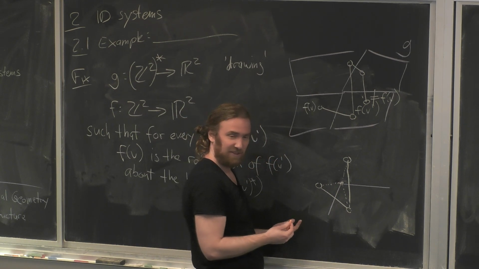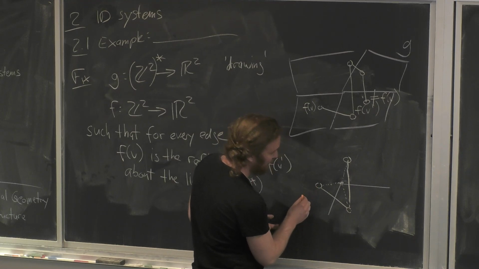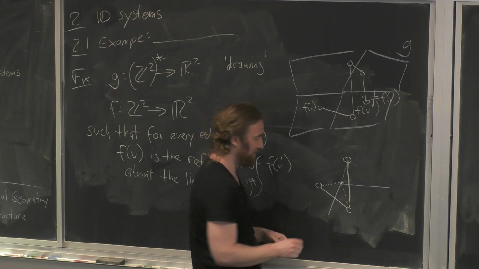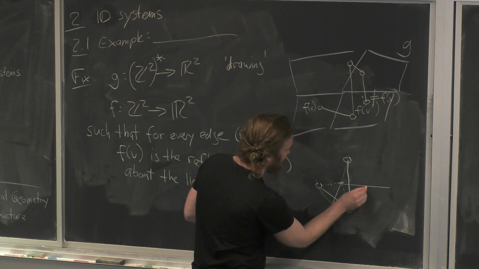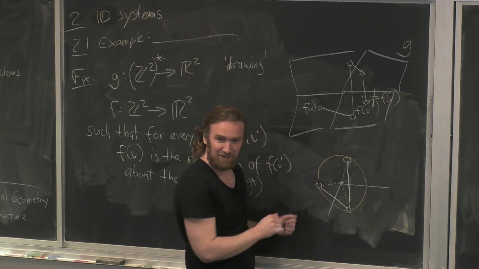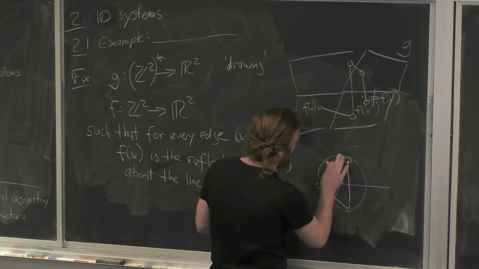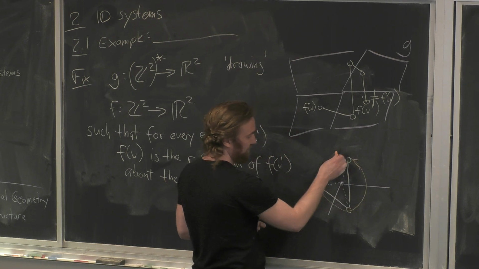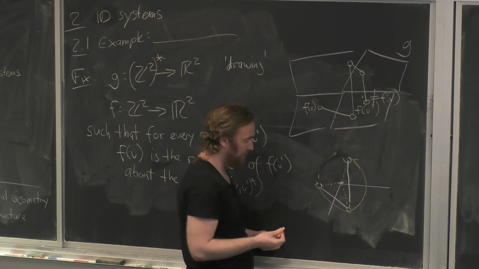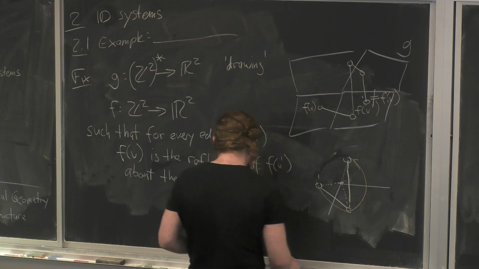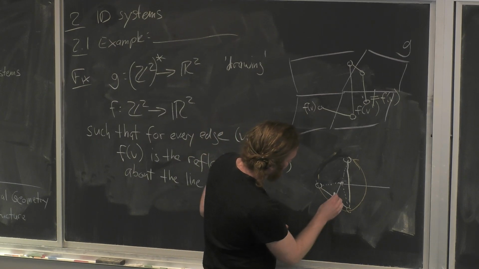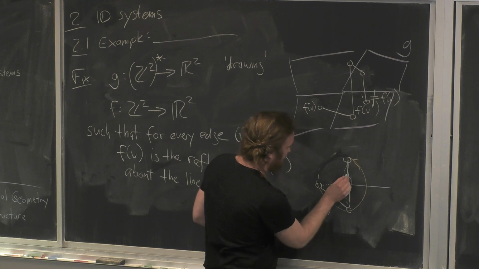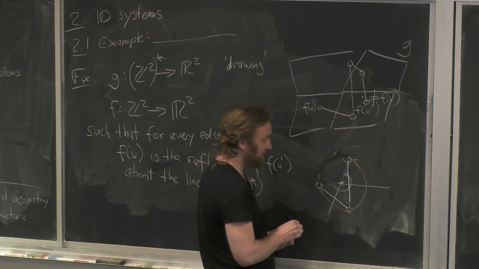Really, what I'm doing is, these points are in a circle. I'm notoriously bad at drawing circles, so just imagine this is a circle. I start here and rotate around, not by some arbitrary angle, but this is the full angle.